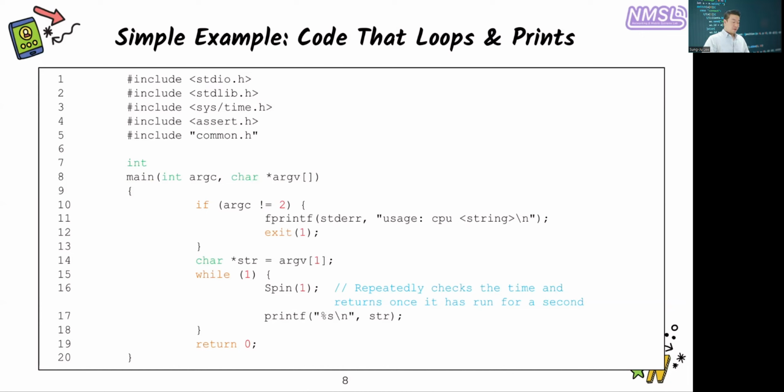You get some inputs and look at the argument count. When the user uses it correctly, it has an infinite loop, while (1), then you spin, which is repeatedly checking the time and returns once it has run for a second. Then it prints. That's it.